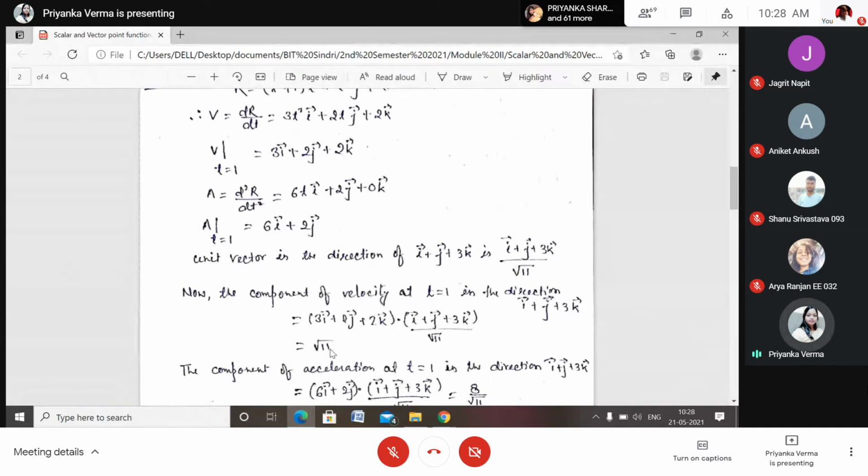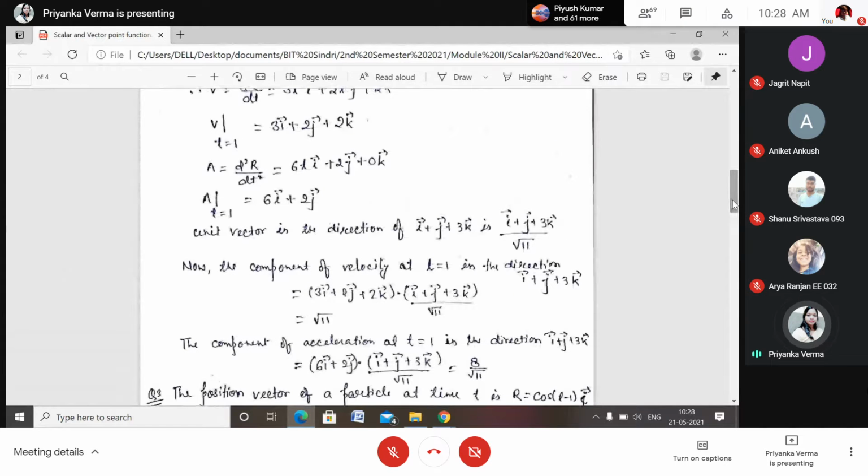Now the component of acceleration in this direction. Again you have to take the dot product of acceleration and the unit vector. So this will be 6i plus 2j dot i plus j plus 3k by root 11. So here you got 8 upon root 11. So this is how you find the acceleration and velocity of any particle in the curve C.